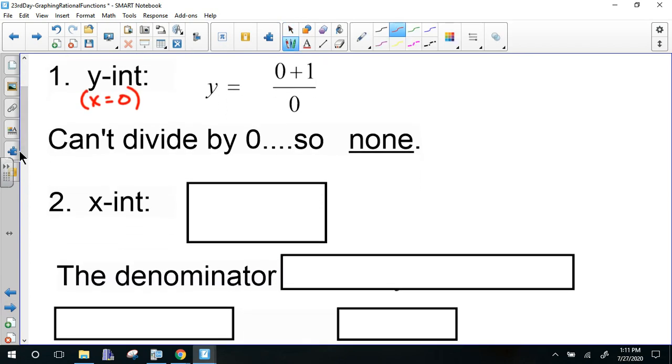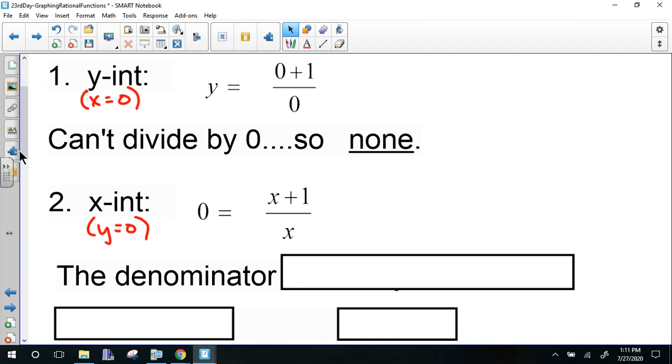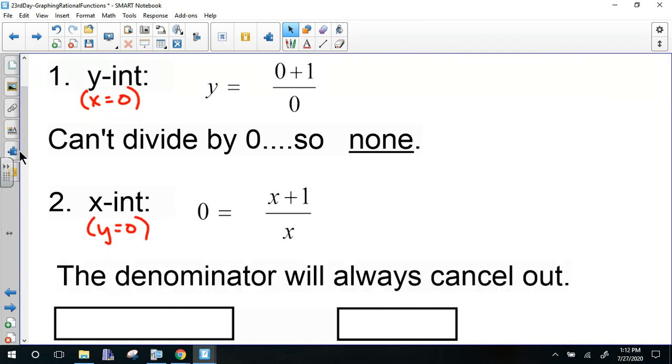If I want the x-intercept, I make y equals 0. When I do that, I cross multiply and I end up with just the denominator always canceling out.